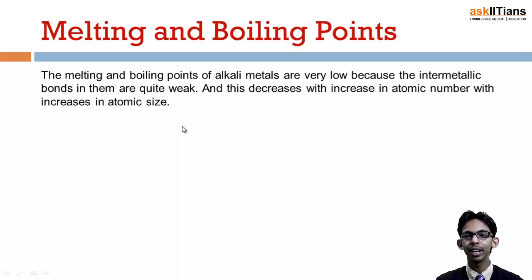They do not form very strong metallic bonds, they form ionic bonds actually. And whatever metallic bonding is there, it also decreases with increase in atomic number. That means they become more and more soft as we move down the group, and because of which their melting and boiling points also decrease down the group.